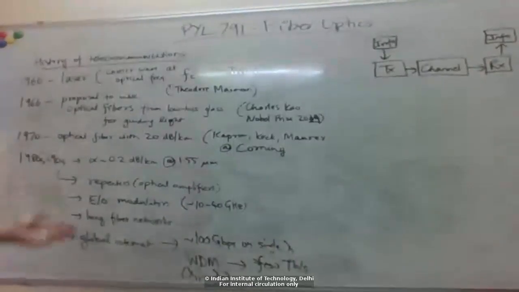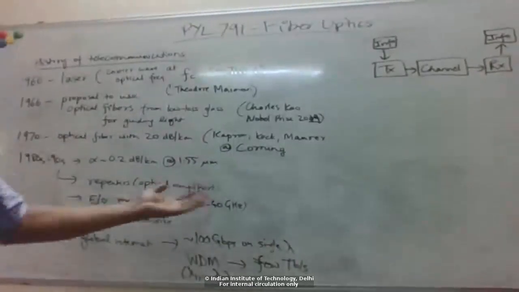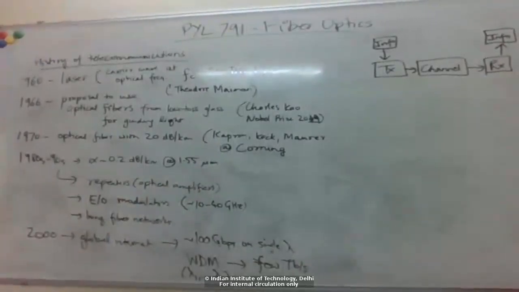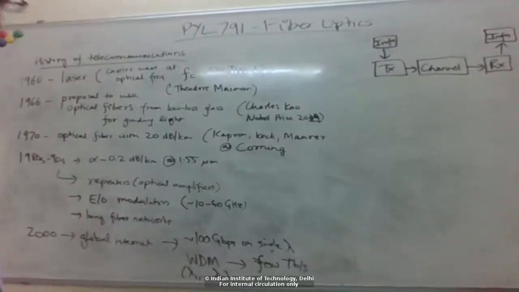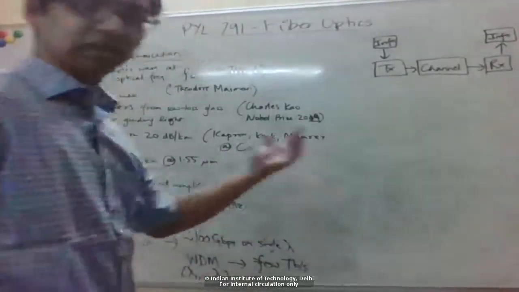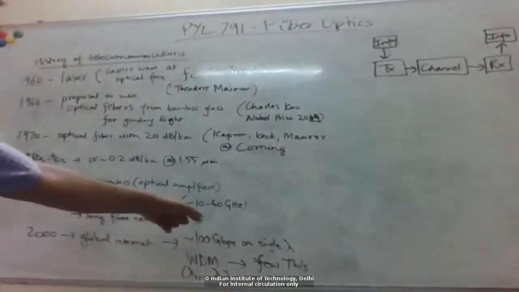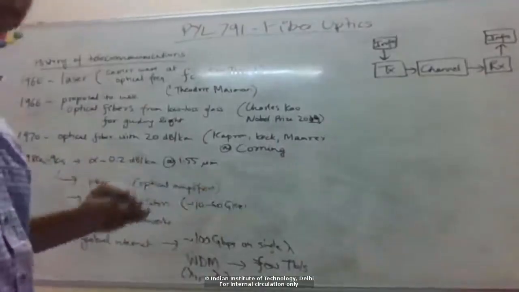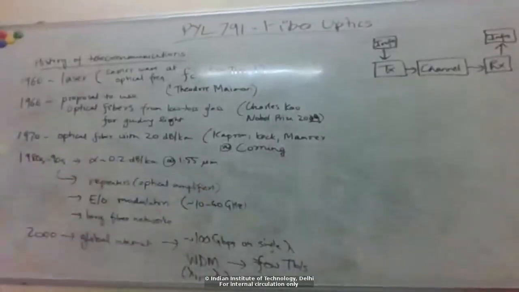Okay, and people are still trying to push this further and further, because as you know, the demand for data is increasing. People want to see more and more movies on Netflix or whatever, right? So internet traffic keeps increasing. But you can see how much of an advance this already is over electrical or electronic means of information transfer.